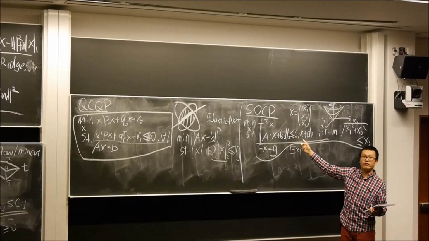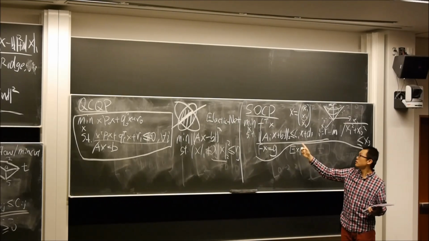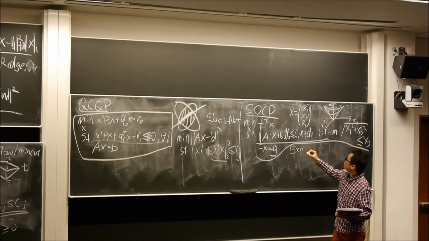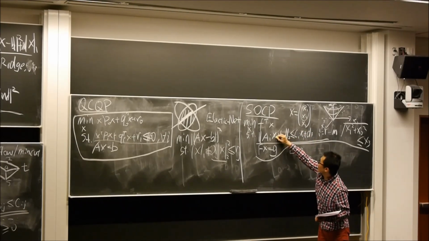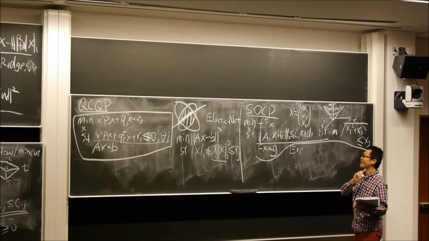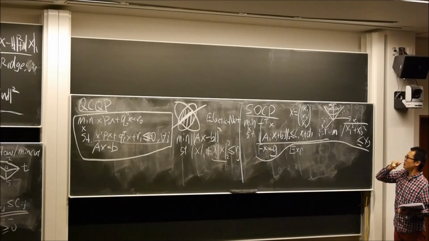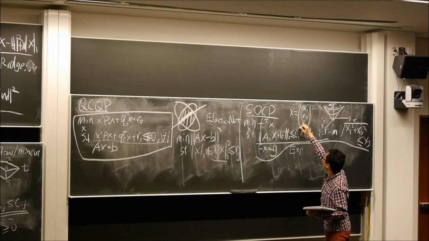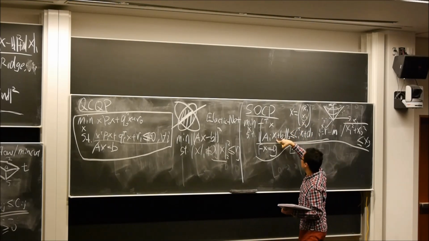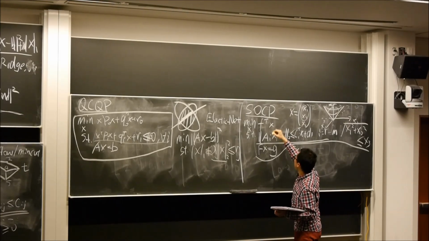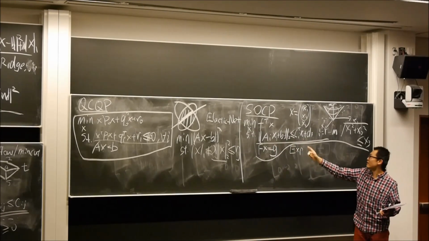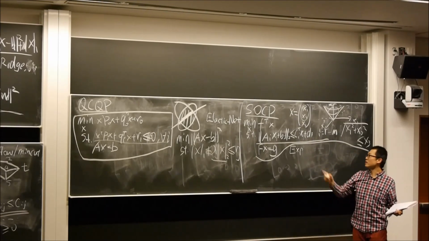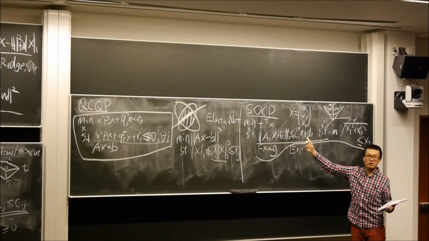This is just an affine function. x is a vector, and c_i is a vector too, so it can be any linear function.